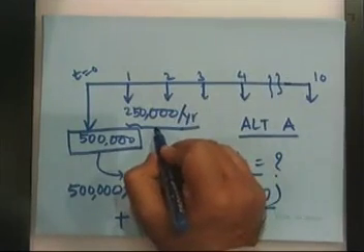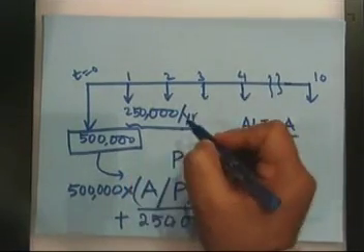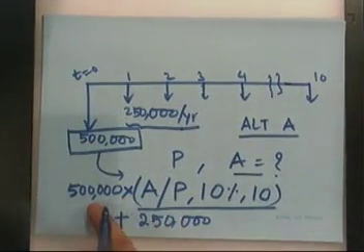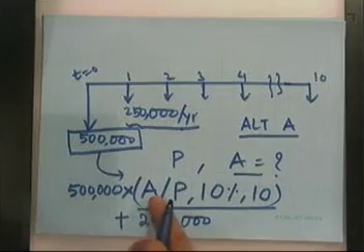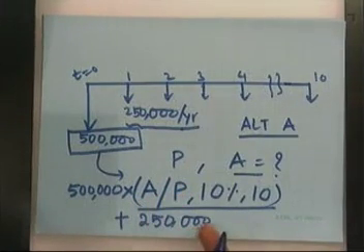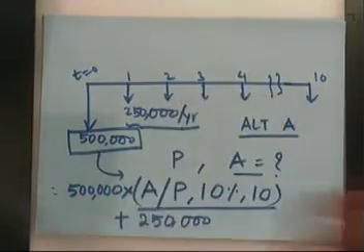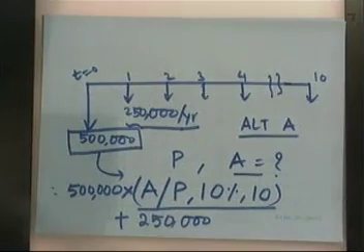If you notice this, 250,000 per year for the next 10 years is already in the form of annual values. So, the total is 500,000 multiplied by this factor plus 250,000, which gives the annual value as far as alternative A is concerned.